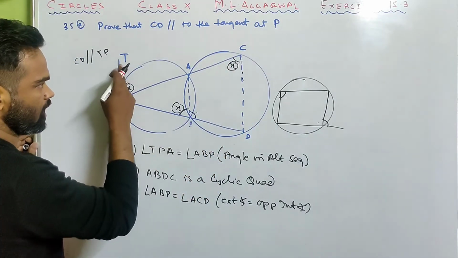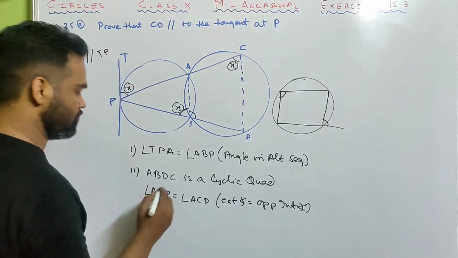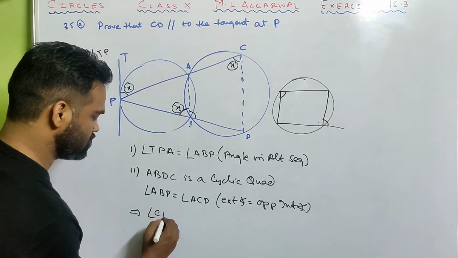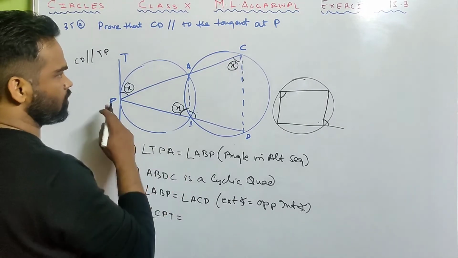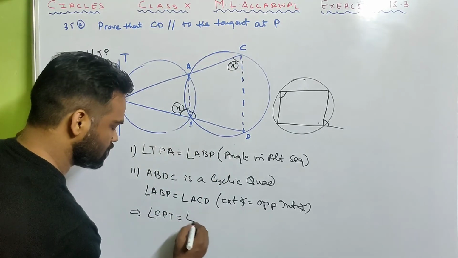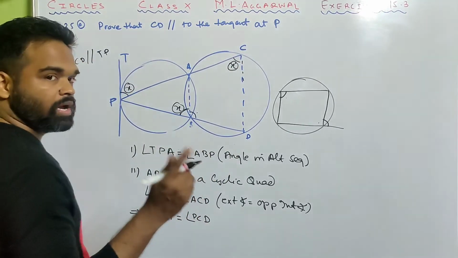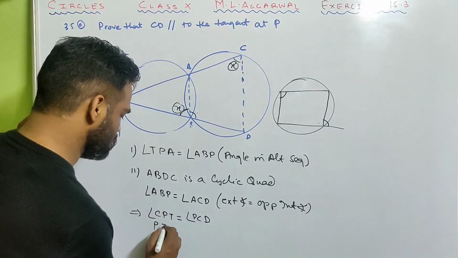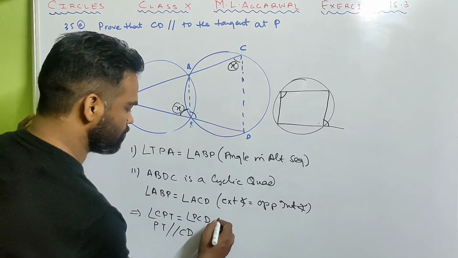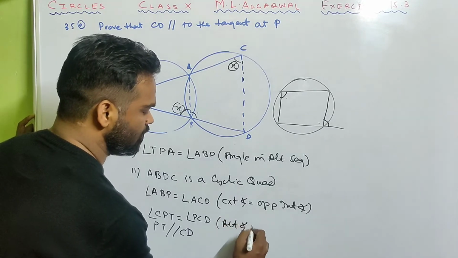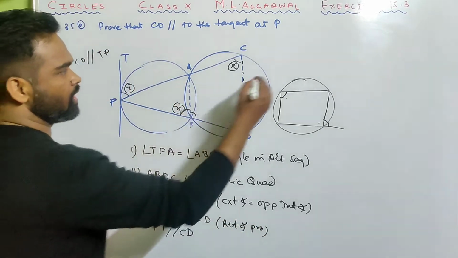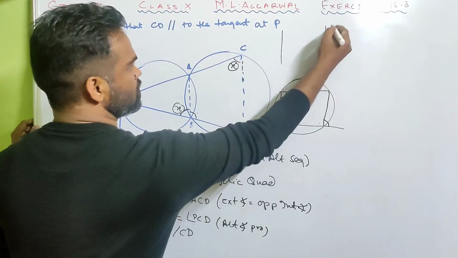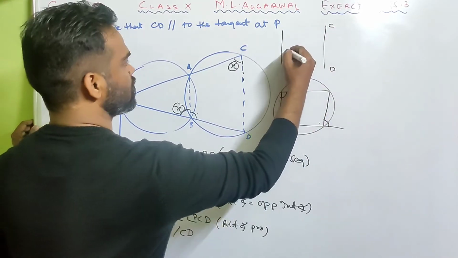Now look, angle CPT is equal to PCD, and this only happens when PT is parallel to CD by alternate angle property. Again look carefully. This is CD.